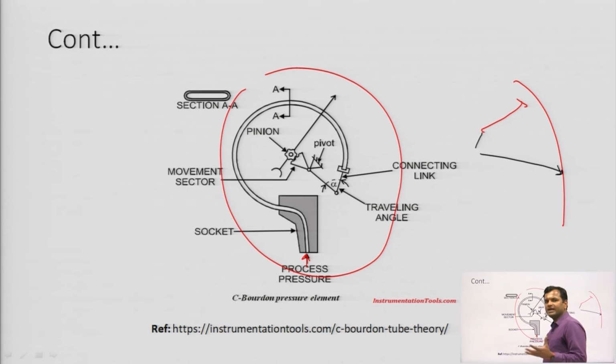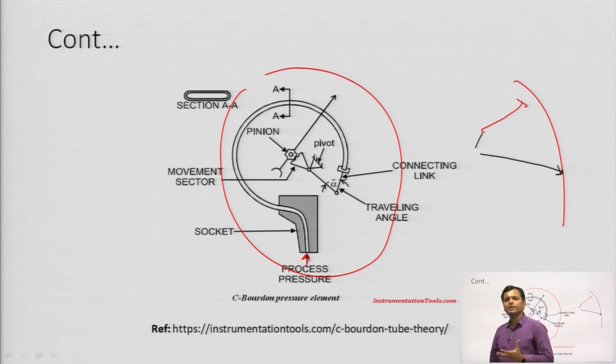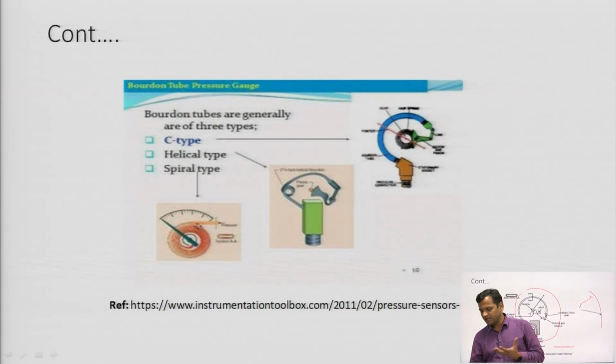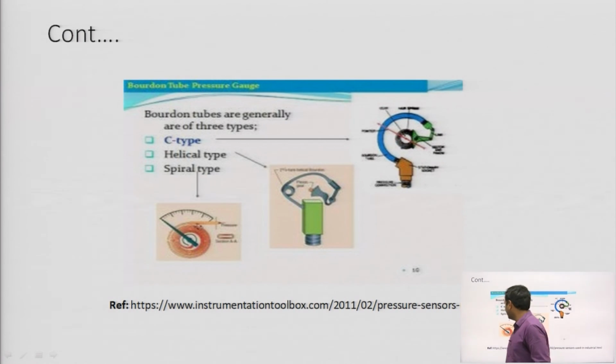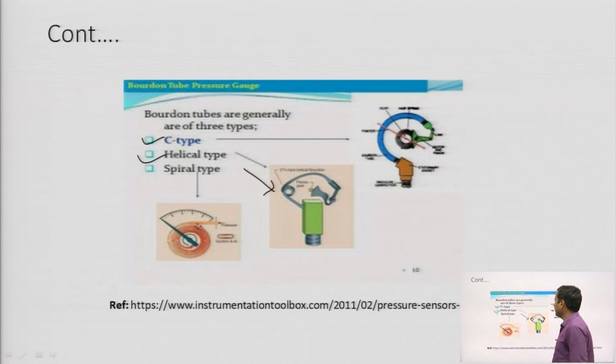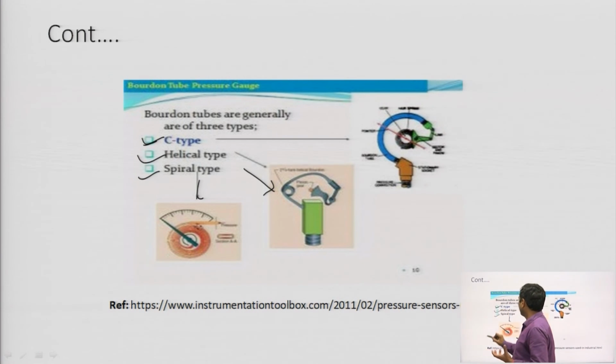That arrangement comes under the category of primary transducer. There are various types of Bourdon tube available. We have seen the working of the C type Bourdon tube. Likewise, the helical Bourdon tube and the spiral Bourdon tube are also available, and the working is the same.